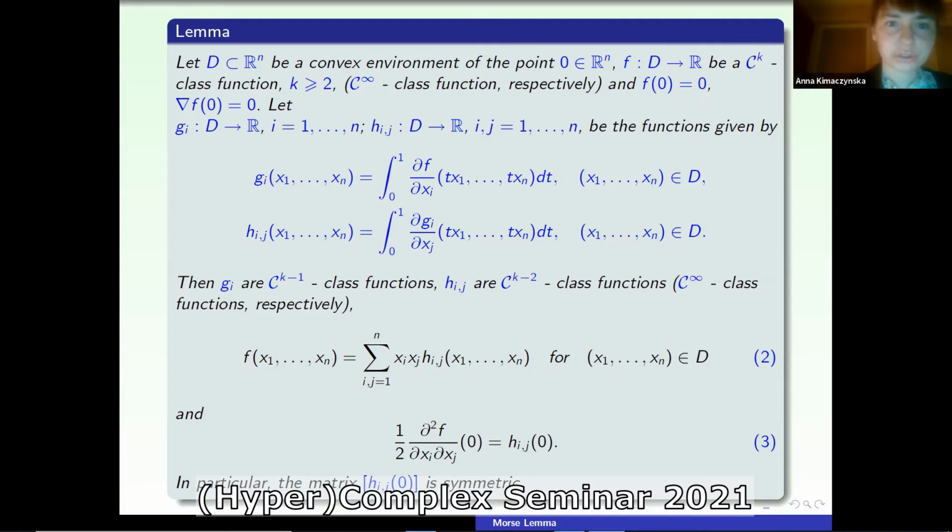Let G_i and H_ij for i, j from 1 to n be functions given by integrals by such equations.